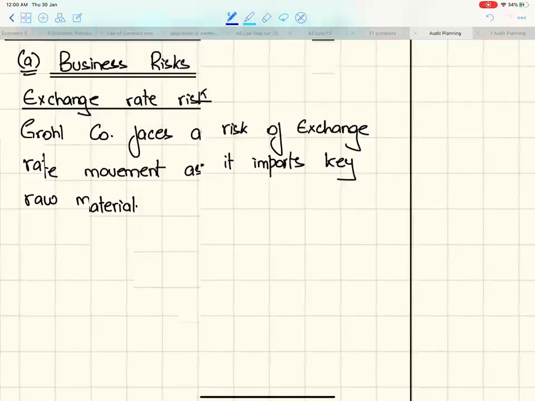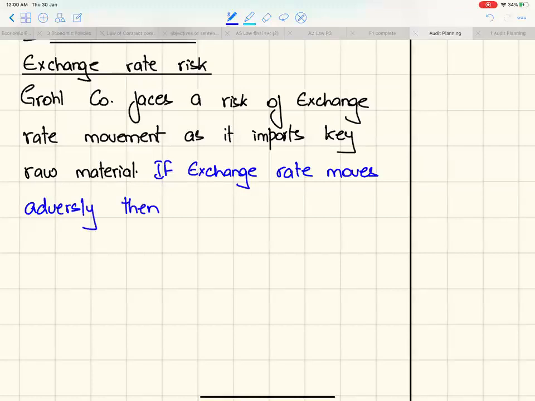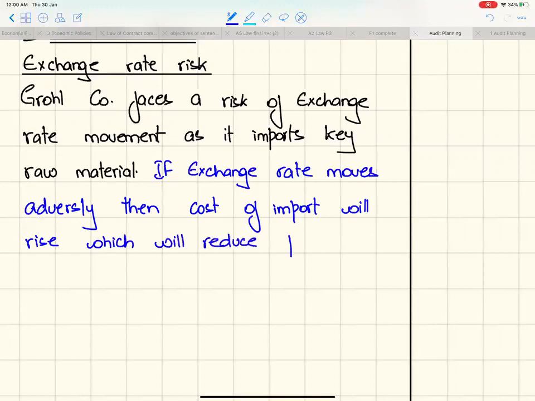Will anyone tell me? If exchange rate moves adversely, then cost of import will rise, which will reduce profit margins. So this is the impact part.